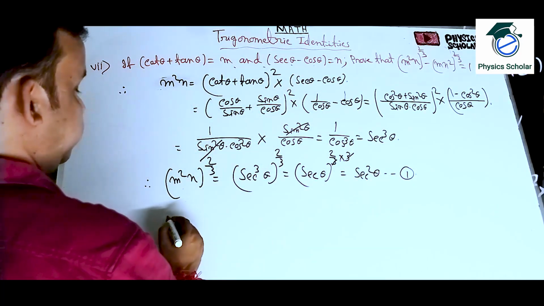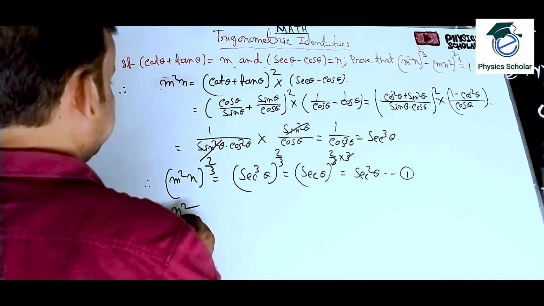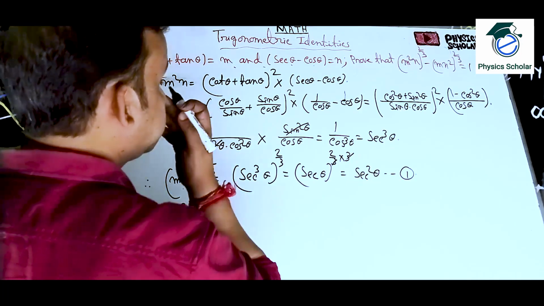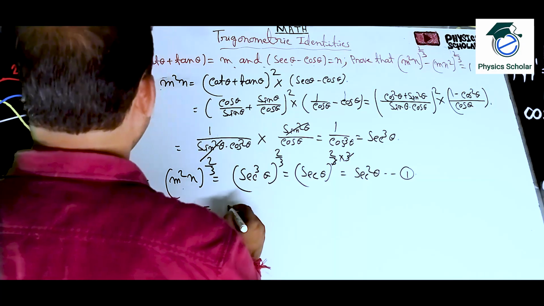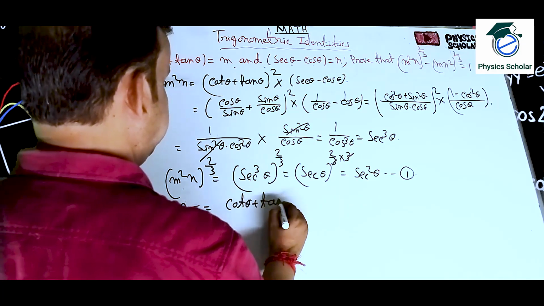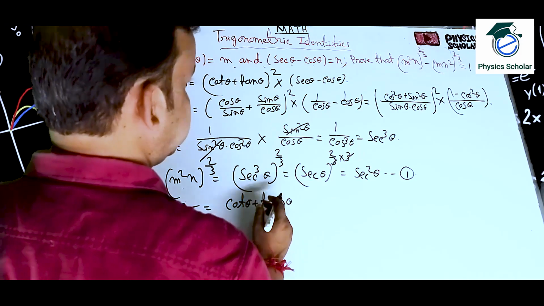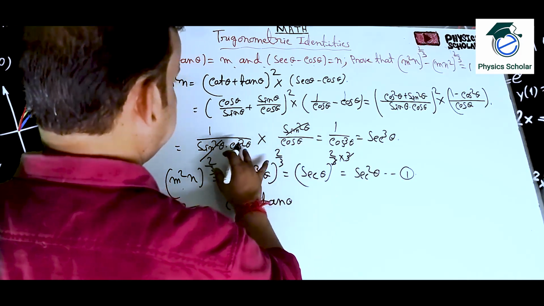Now next one is mn square. mn square is equal to, what is the value of m? Cot theta plus tan theta, already we have done.